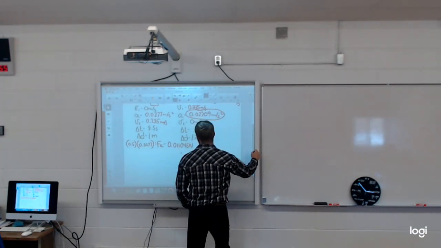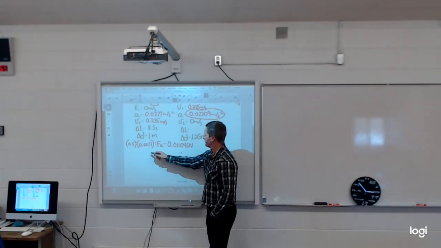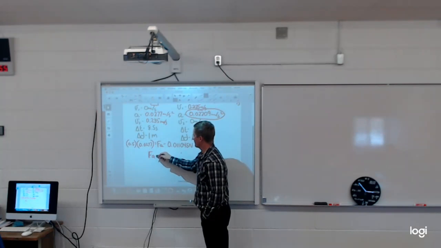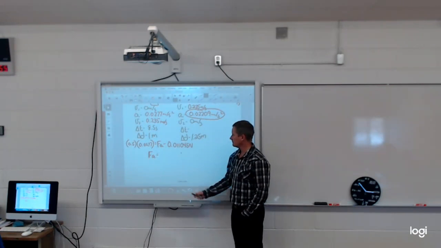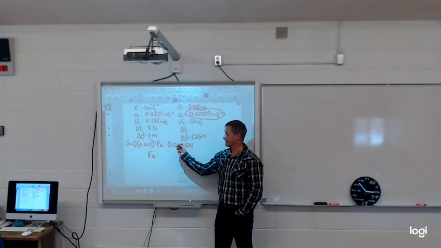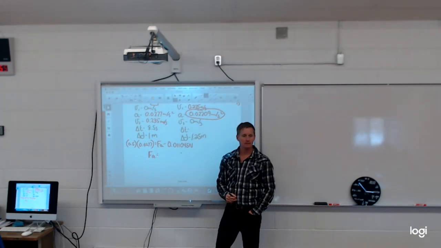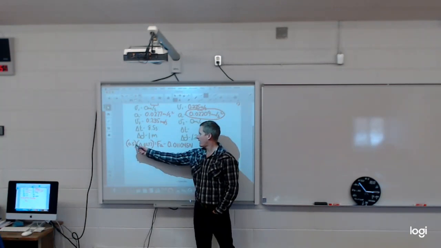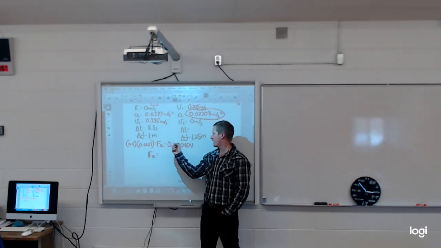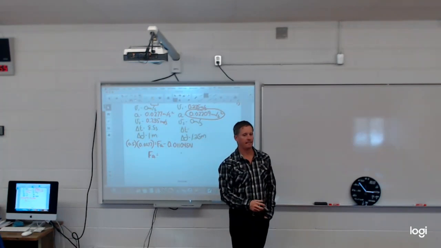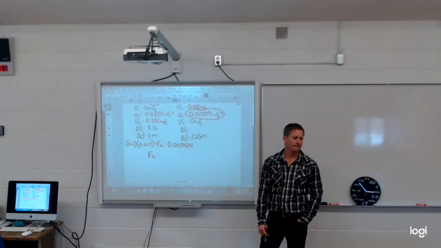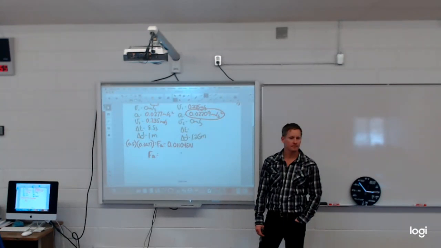So my Fa equals this guy added to that guy. So take 0.5 times 0.0277 and then add it to this. 0.539.